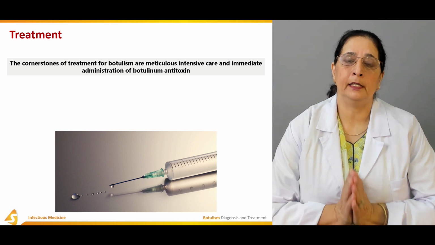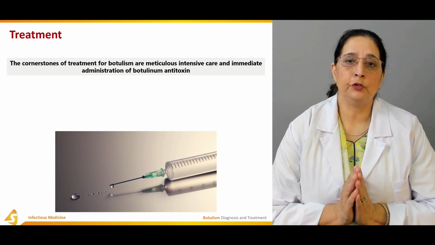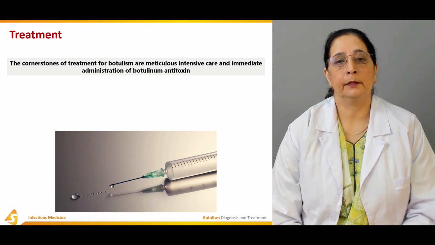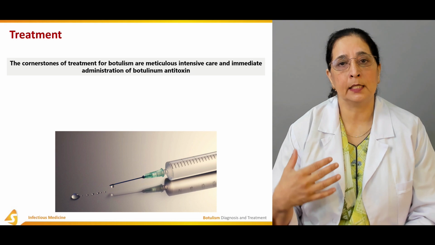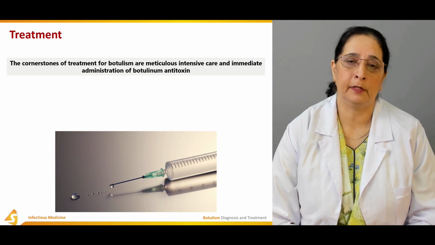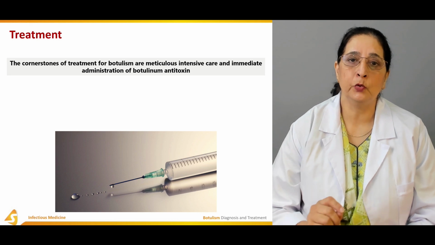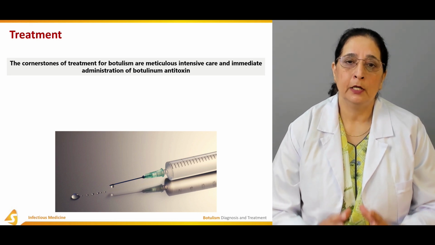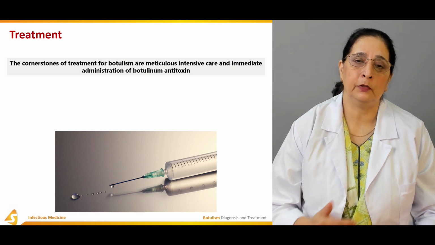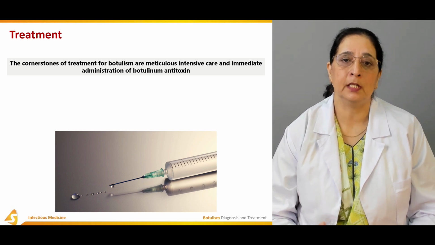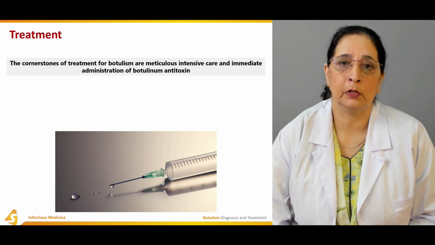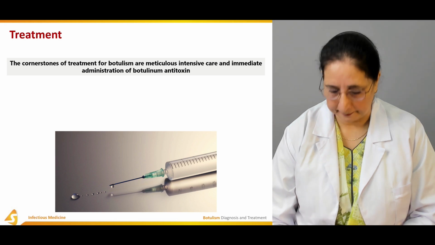We know that the botulinum toxin is the substance that is causing all the problems associated with botulism. So the use of antitoxin to destroy or deactivate the toxin, to limit the function of the toxin, is the cornerstone of the treatment of botulism.